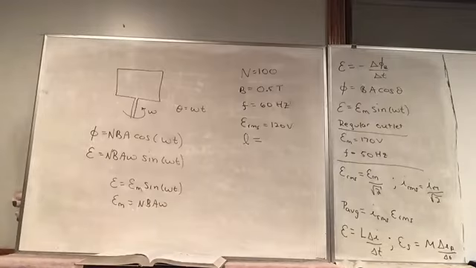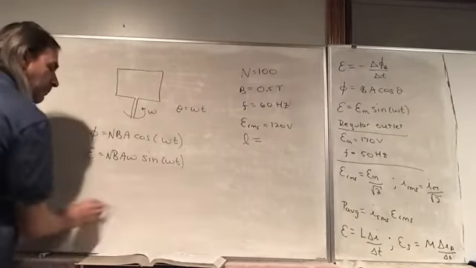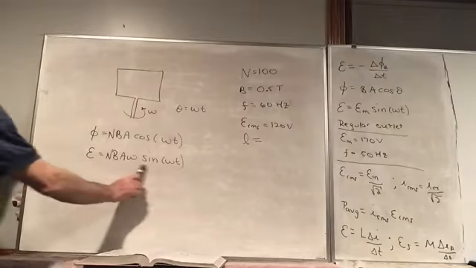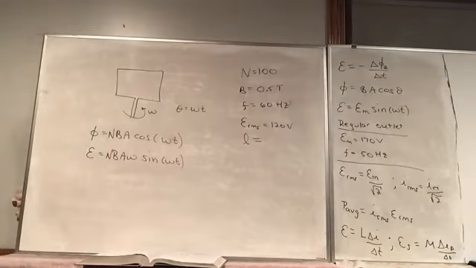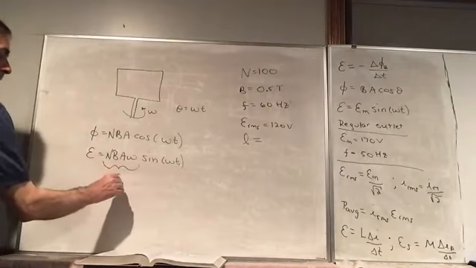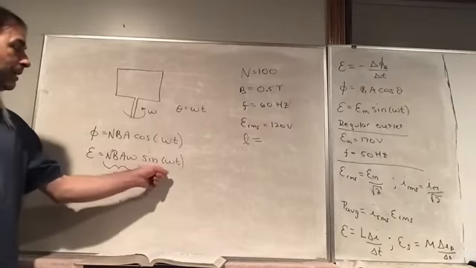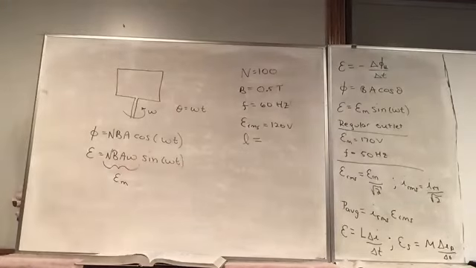Okay. So for a generator, that's the EMF. And this would be the peak value of the voltage, because sine has a maximum value of 1.